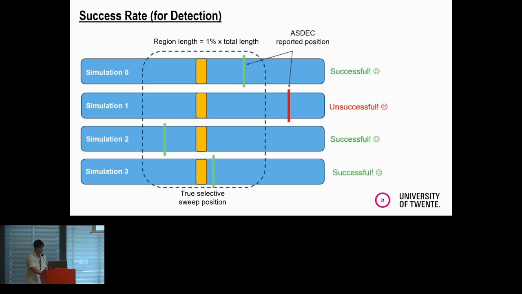For each simulation, if the position with the highest selective sweep probability reported by SDAC is within this target region, we say that this simulation successfully detected the selective sweep. Otherwise, it is unsuccessful. So for this simple example, the success rate is 3 out of 4.